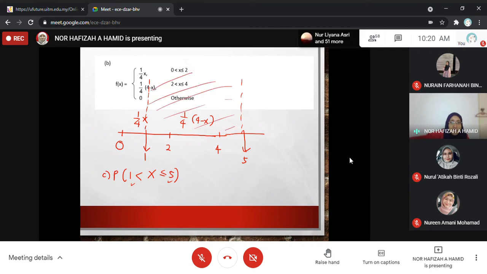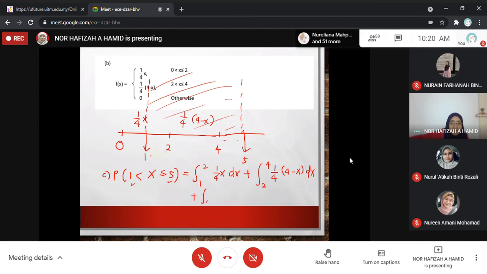Okay, so they also equal to, okay, first you integrate from 1 until 2. You choose the first function, 1 over 4x dx, and plus with, okay, 2 until 4. And we have the second function, 4 minus x dx, and plus with 4 until 5.